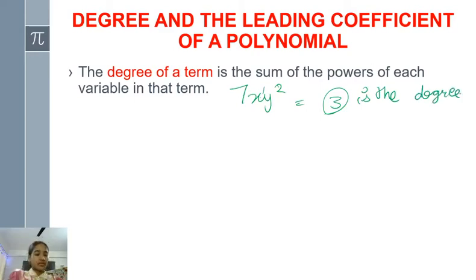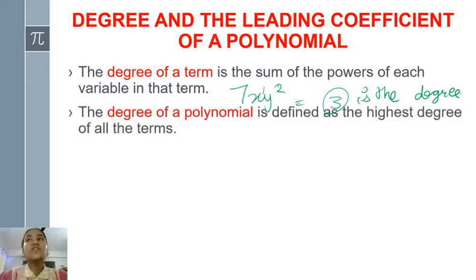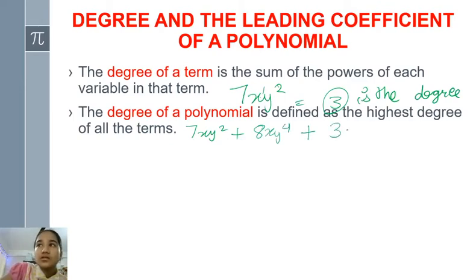Now, the next thing. The degree of a polynomial is defined as the highest degree of all the terms. Now, if I have a term like 7xy squared plus 8xy to the power 4 plus 3xyz to the power 6, this is an expression of all the terms.